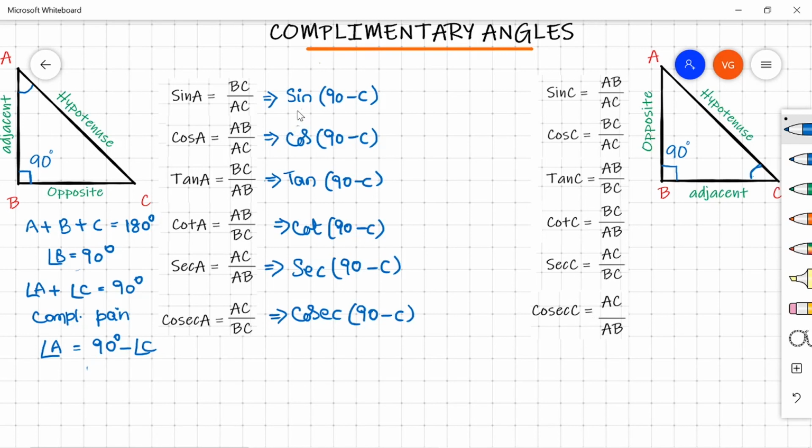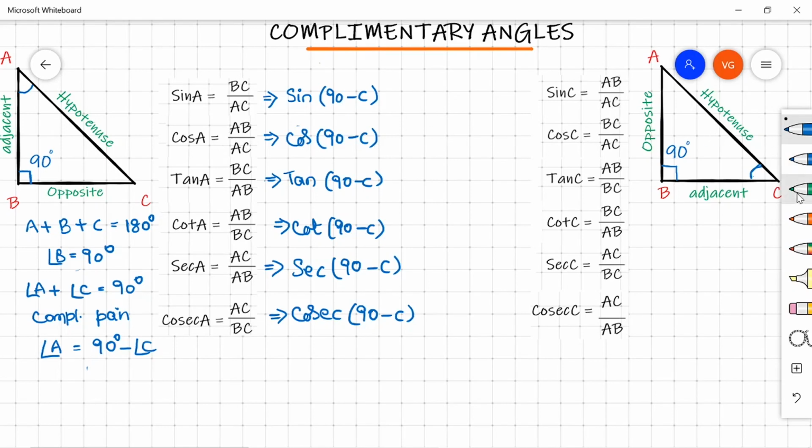So here sin 90 minus C is nothing but sin A, which is nothing but BC by AC, right? In the second list here, cos C is nothing but BC by AC. Here BC by AC is sin 90 minus C. AB by AC is cos 90 minus C. Sin C is AB by AC. So AB by AC, AB by AC. BC by AC, BC by AC. So these two are equal, right?